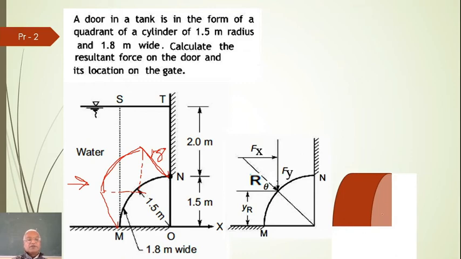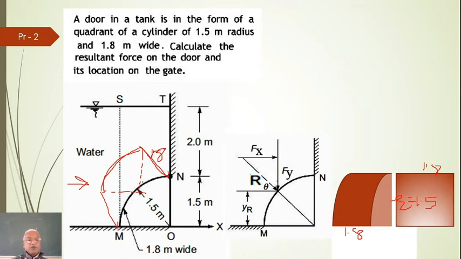It's a curved surface, a quadrant of a circle slightly over here, and this length is 1.8 meters. Now when you stand in front and try to see this face, it looks like a rectangle with exactly 1.8 meter over here, and this will be a radius of 1.5 meters. Hope you can understand. This is the most important part over here.